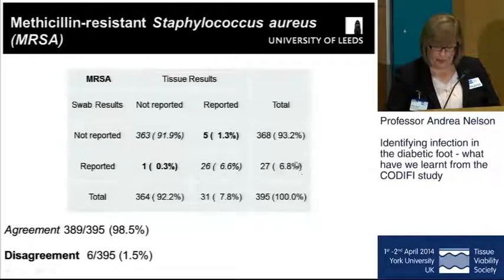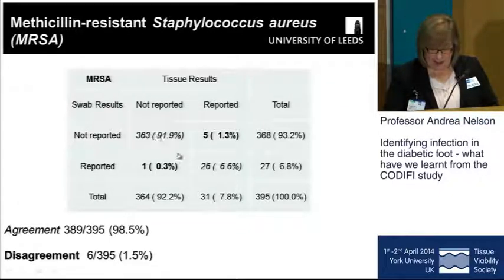And when you put these into the 2x2 table, because you've got a fantastic statistical team who'll do that for you, then what you see is that they agreed with each other in 91.9% of cases. That is, the swab didn't find it and the tissue didn't find it, and they both agreed it's not there. They both agreed that MRSA was there in 6.6% of cases.